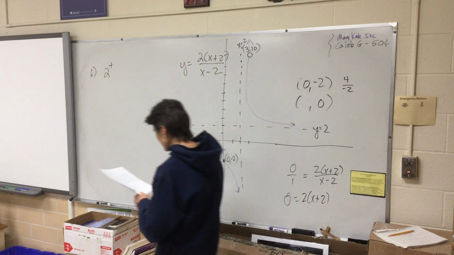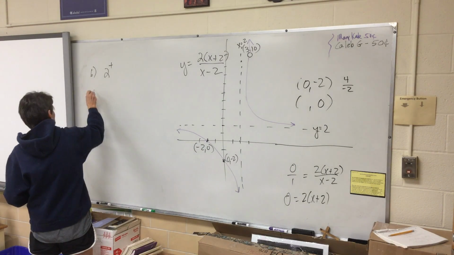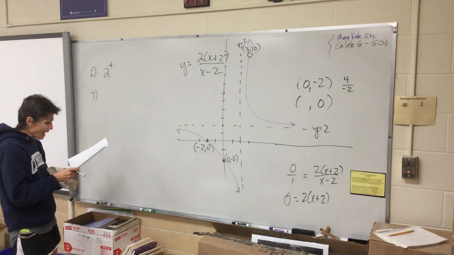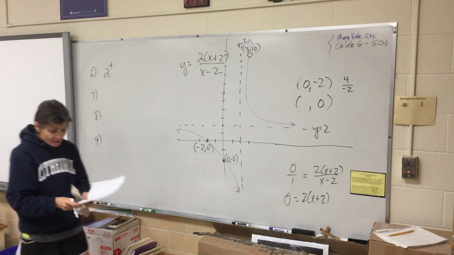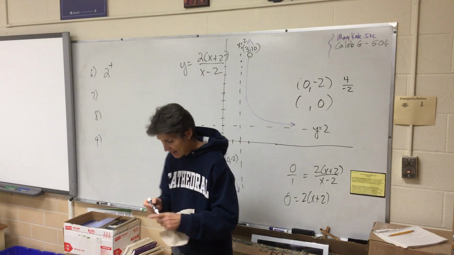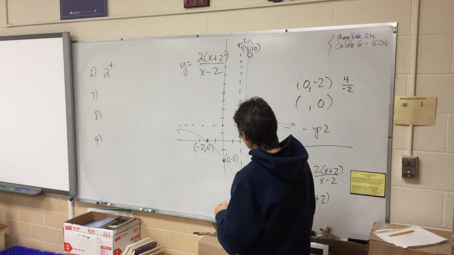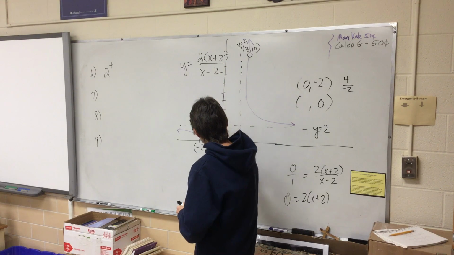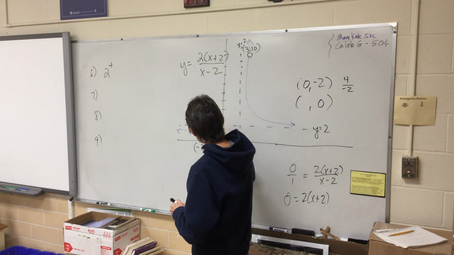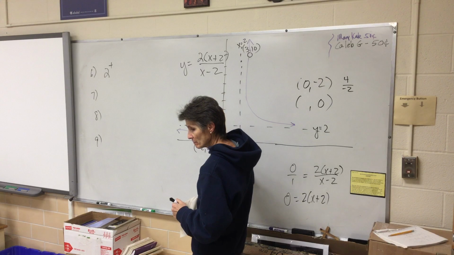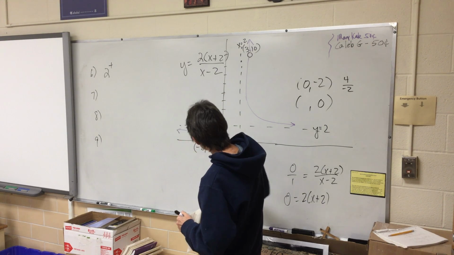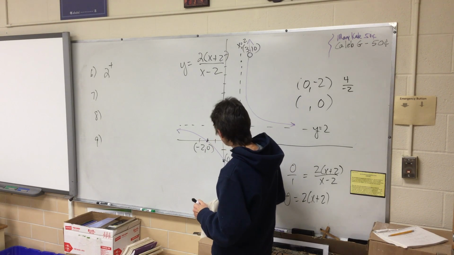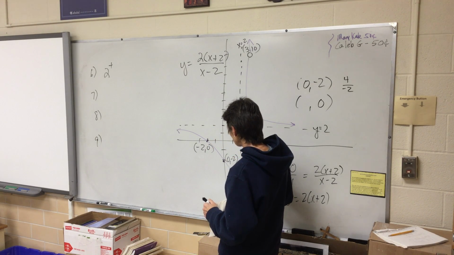All right, now number 7 says, what happens as we approach 0? Now, x is approaching 0. Guys, right here is where x is 0, right? And we are approaching it from the right side, from the positive side.